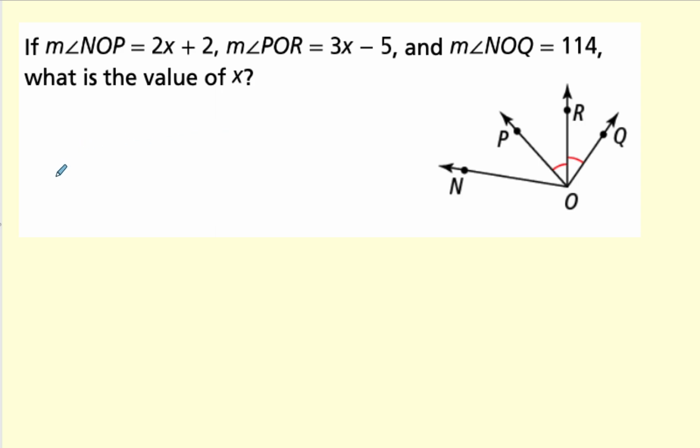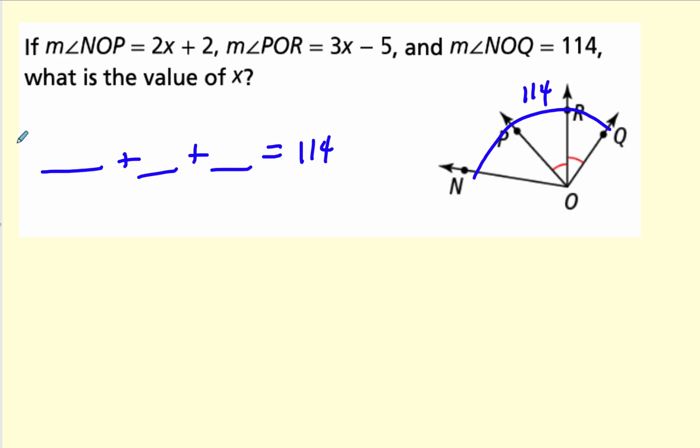Okay, so hopefully you tried this and we can see that NOQ, that's this big angle right here, is 114. So we have three angles that have to add up, and that will be equal to 114.